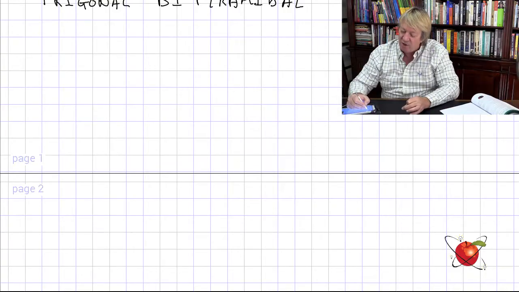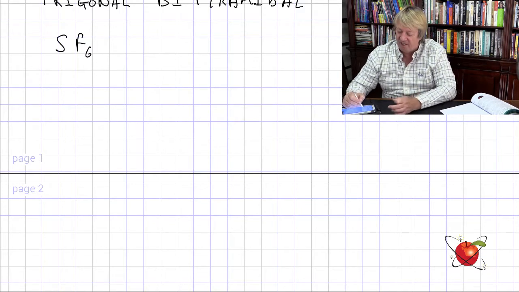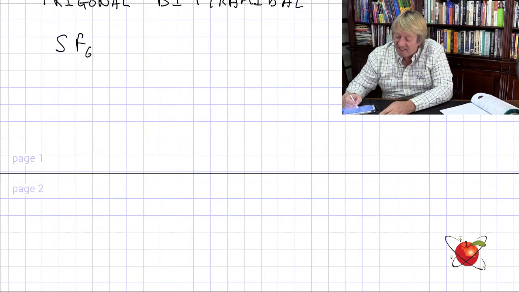Now, what happens at the next level if you get 6 electrons bonding in? Luckily for us, there's a shape for that as well. It is normally where they go SF6, sulfur hexafluoride. What have we got here? We've got 6 fluorines.